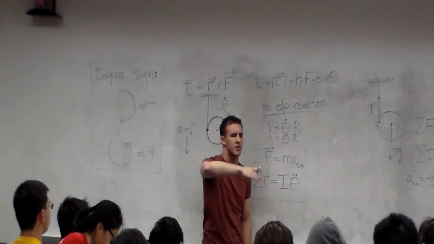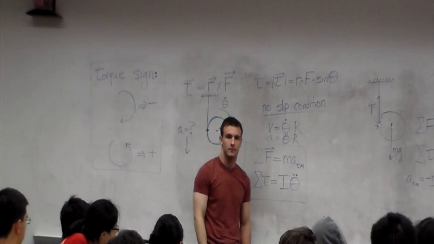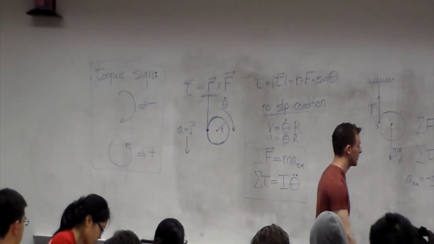If it's a uniform solid disk, one half m r squared.